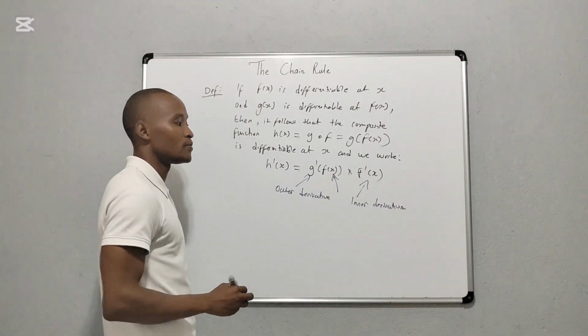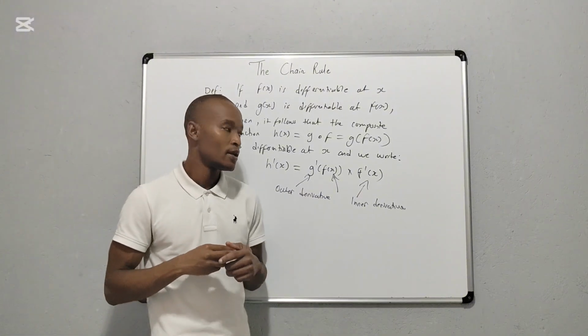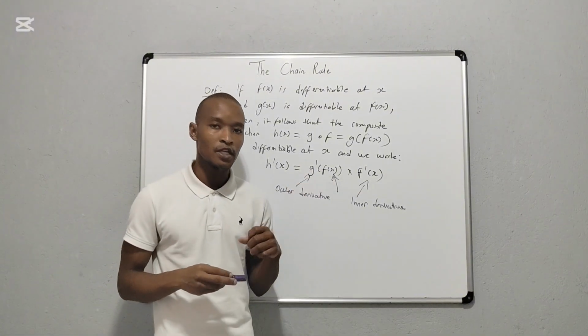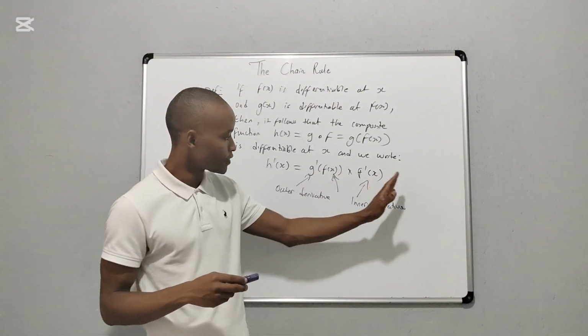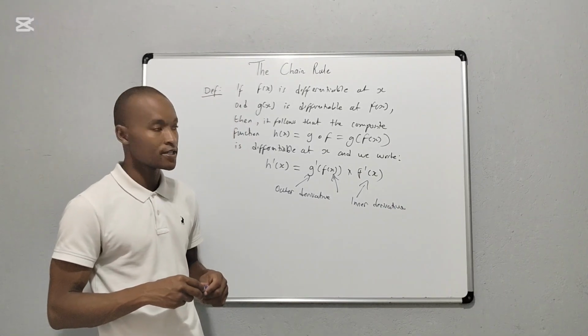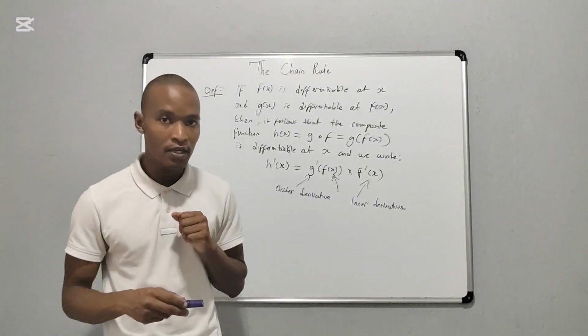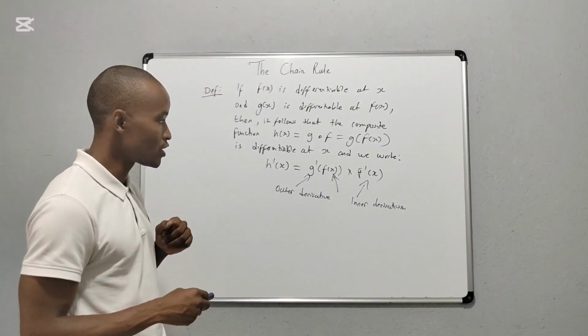Just take note that we keep the original inner function as it is and multiply with the derivative of f to get the full expression of the derivative of the composite function. Okay, so this takes care of the formal definition of the chain rule.